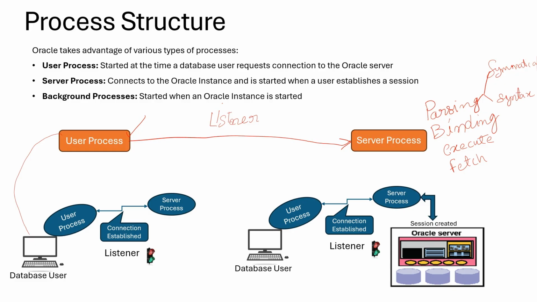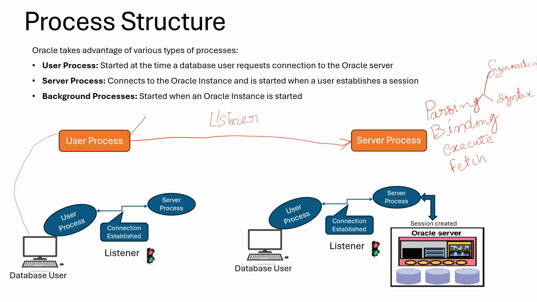This server process communicates with the Oracle server on behalf of the user process that runs on the client. As I told you, the user process won't directly connect to the instance or Oracle server. Only the server process connects on behalf of the user process. In this server process, different stages will be there.